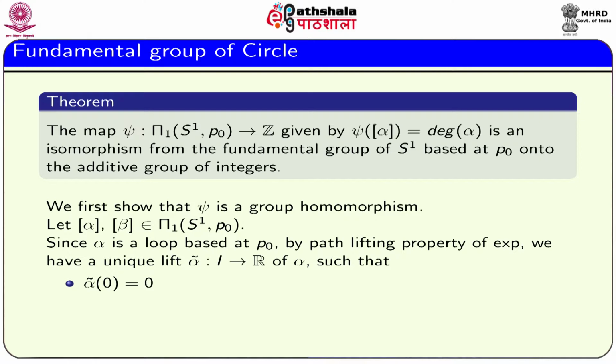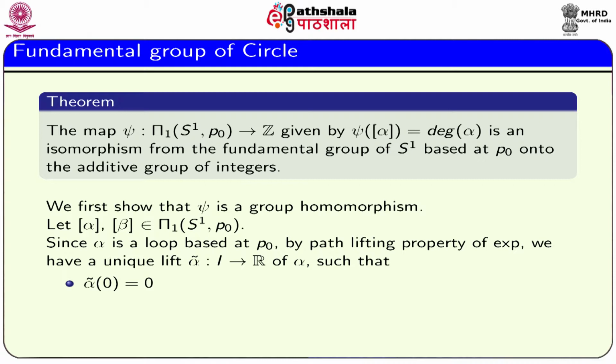So, if class alpha and class beta are the same, then their degrees are the same. Now, let us come to the proof that psi is a group homomorphism. Let us take alpha and beta, two elements from pi 1 S1 P0.